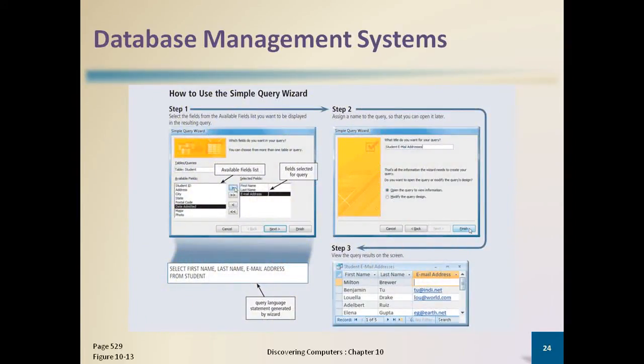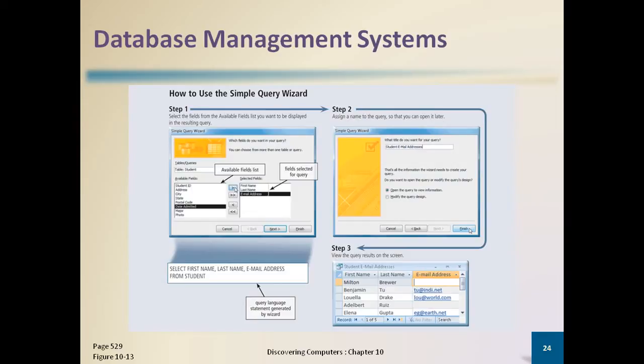How to use the simple query wizard. Ini query wizard ya, kita bisa lihat ini gambarnya saja, langkah-langkahnya dari step pertama. Kita pilih the available file list dan kita pilih data administration, dan terus kita ke file select for query, kita ke email address, dan lanjut ke step kedua.